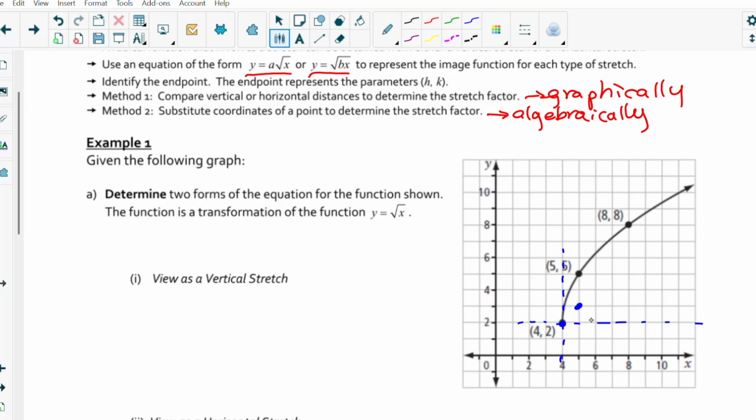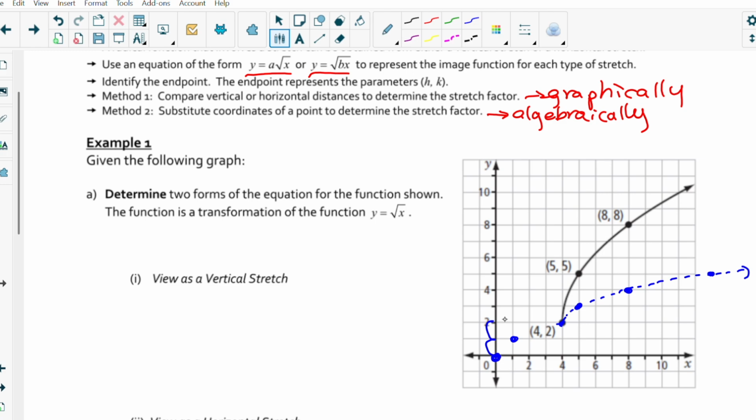If I start with the endpoint at 4, 2 and pick two points to start with, 1, 1, if I go up 2 and right 4, I'm at my endpoint.